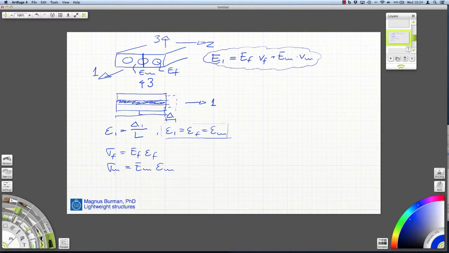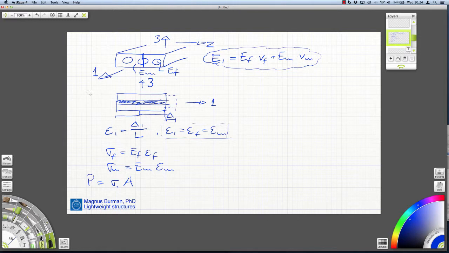Okay, so let's consider the force equilibrium here. The load we impose here to create this deformation, P, is of course the stress in this homogenized material, sigma 1, times the cross-sectional area.